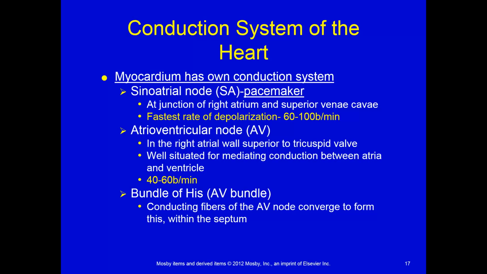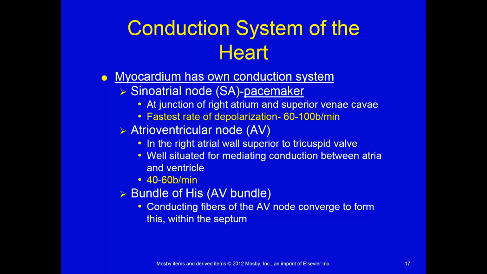As I mention here on the screen, it's well situated for mediating conduction between the atrium and the ventricle, obviously between the right atrium and the right ventricle. But it's also pretty darn close to the septal wall, so it can very easily jump from here to the septal wall and feed the rest of the heart via the conduction system. So it's well situated for mediating conduction between the atrium and the ventricle, but also to the left side of the heart.